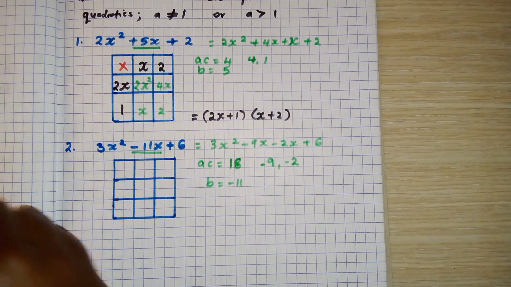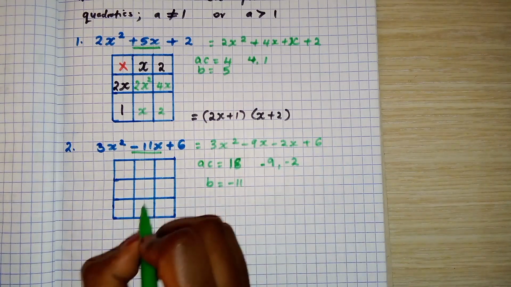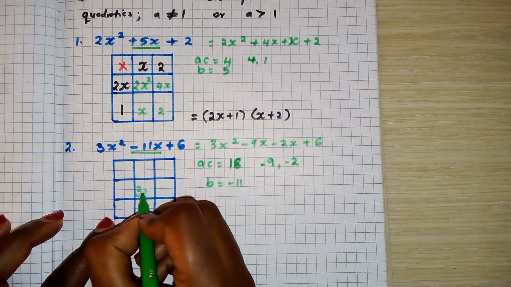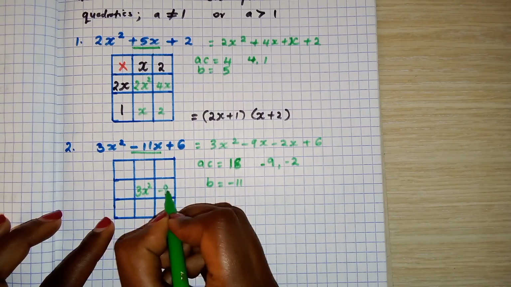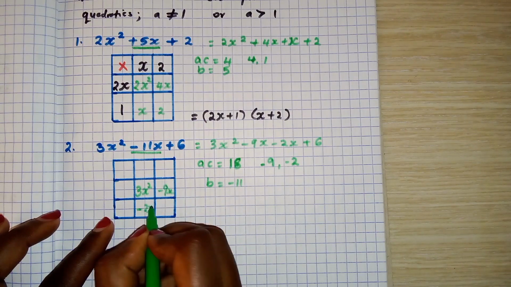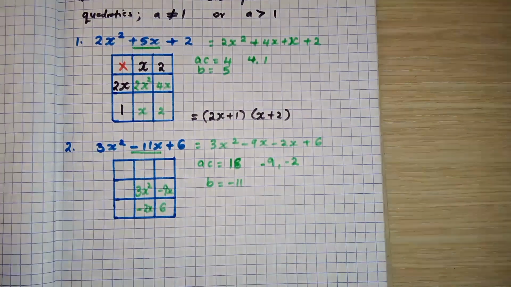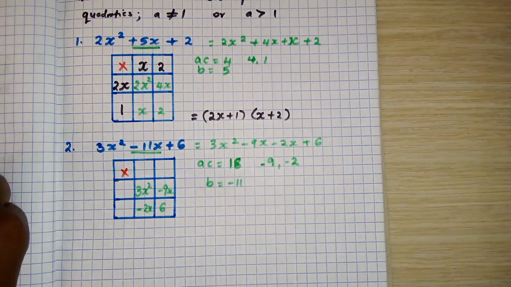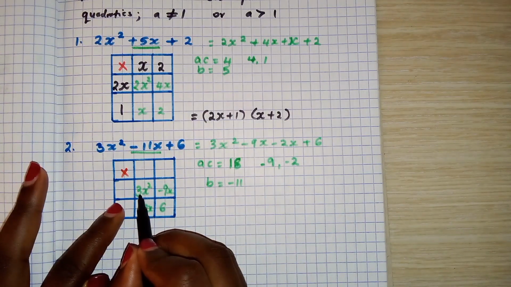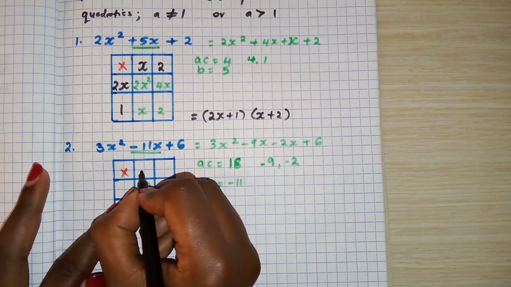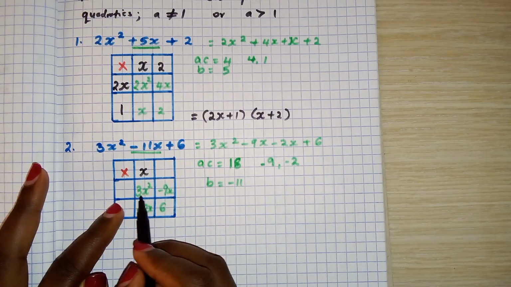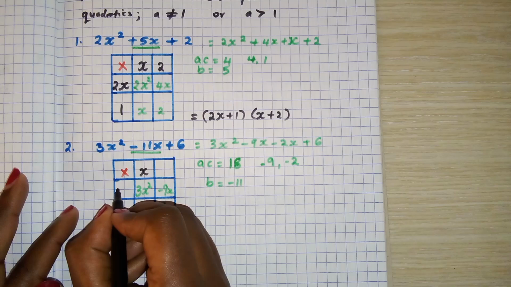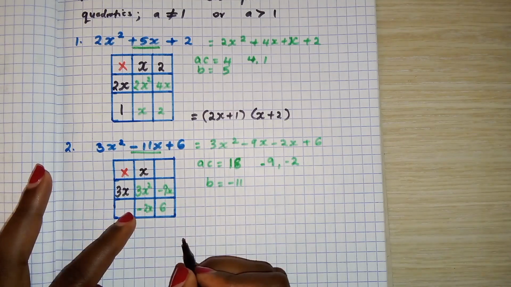Now we go ahead and put these values in this grid. So we have 3x squared, negative 9x, negative 2x, and positive 6. Now we look for the numbers that they multiplied. So 3x, I can start with the x here. So 3x squared divided by x would be 3x.